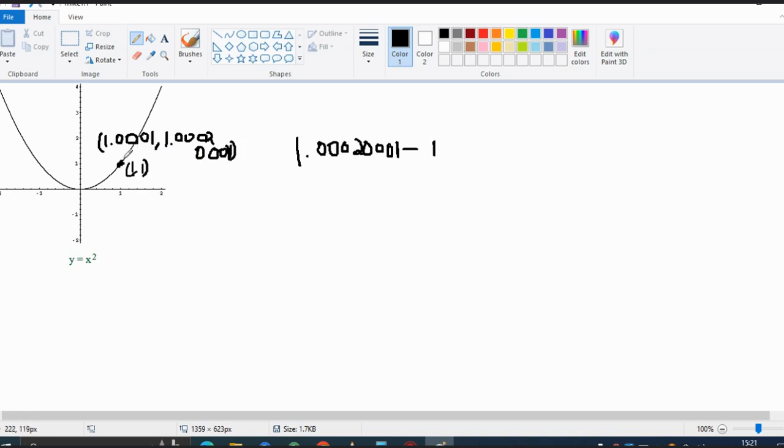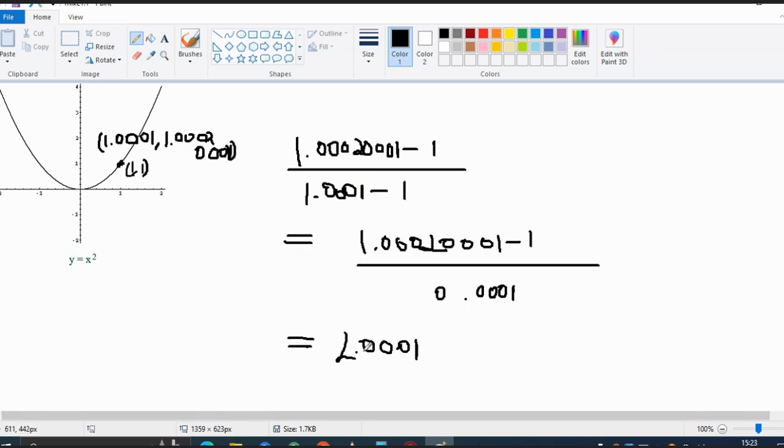Now if I apply the formula of slope, y2 minus y1, and don't get confused, the point isn't here, it's over here. It's so close to 1 comma 1. So 1.00020001 minus 1 divided by 1.0001 minus 1.